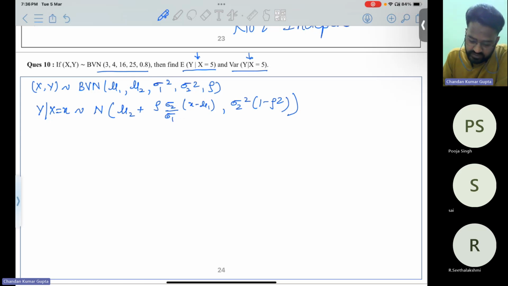So calculating this, mu1 equal to 3, mu2 equal to 4, sigma 1 equal to 4, sigma 2 equal to 5, and rho equal to 0.8.